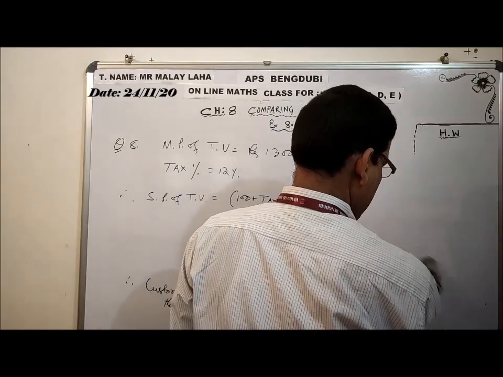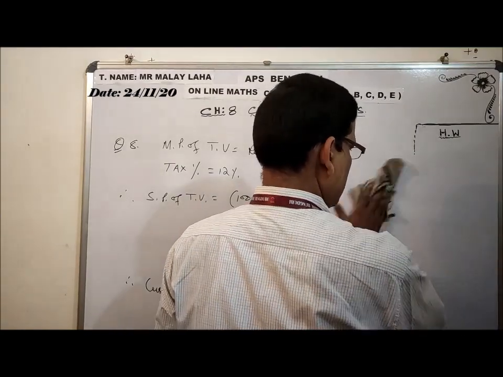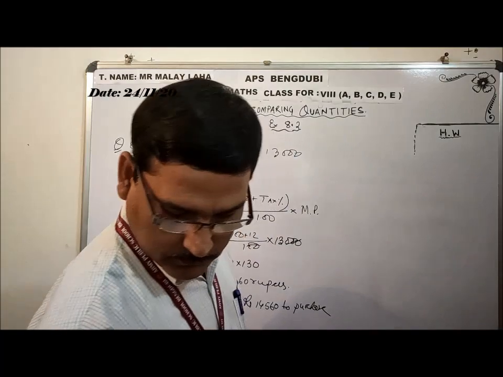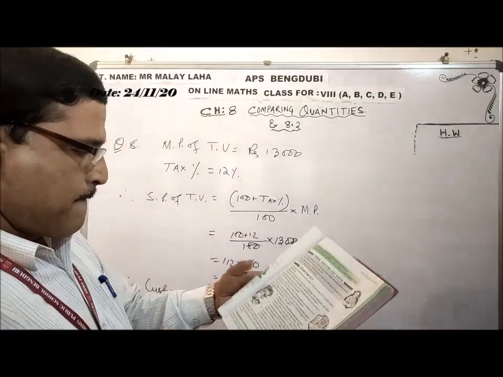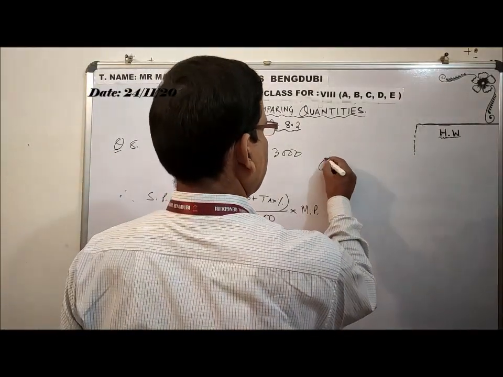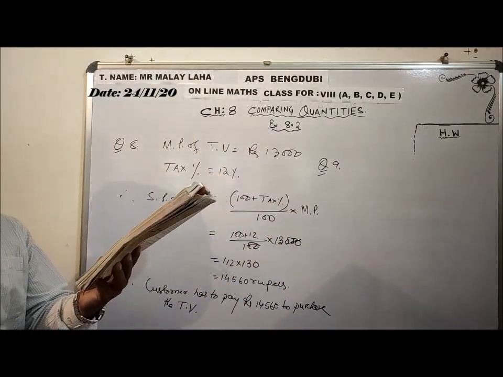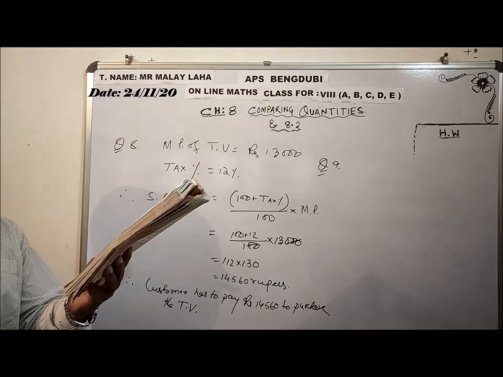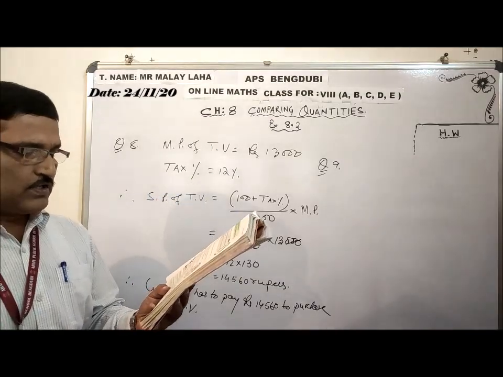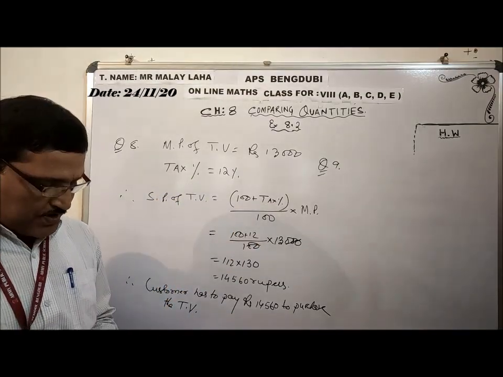Now I am solving question number 9. Question number 9. Arun bought a pair of skates at a sale where the discount given was 20%.